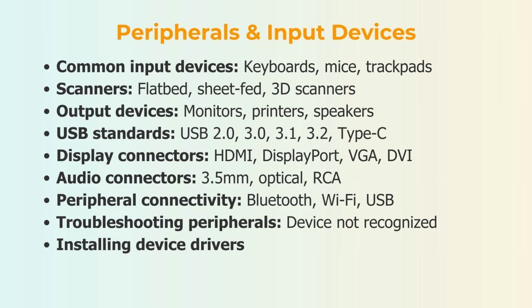Printers and scanners also come in different forms, and understanding how to connect and troubleshoot them is essential. For the Core 1 exam, you will also need to know how to troubleshoot issues with peripherals, such as when devices aren't recognized by the system. Often, the solution involves installing or updating device drivers or checking connections.